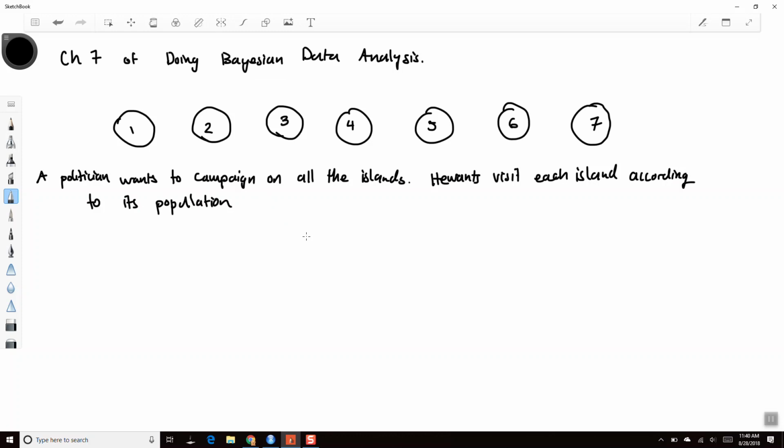If we were to draw someone randomly from the island, which island they come from would be proportional to the population of the island, okay? He wants to visit each island according to its population, and the island's populations will just be proportional to its island number.